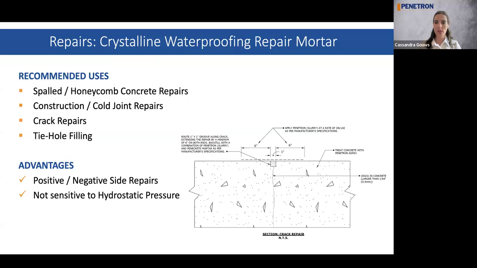And because it contains the crystalline technology, you can do the repairs from the positive or the negative side. So either side is fine, because during the curing process, crystals grow into your concrete and actually form part of the concrete matrix, and your repairs don't delaminate. So positive or negative side repairs is possible.